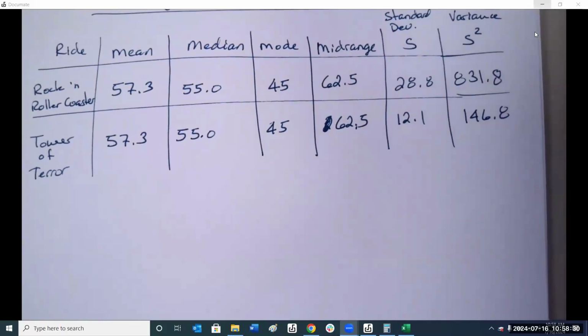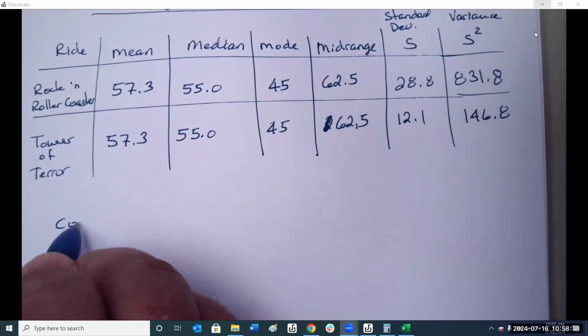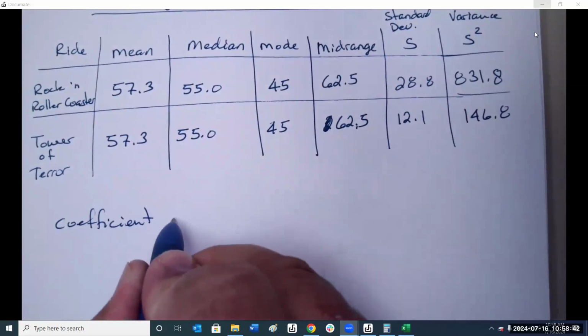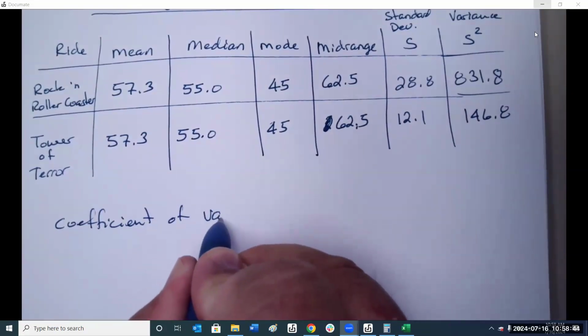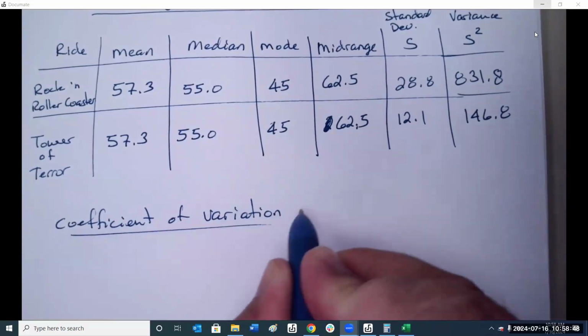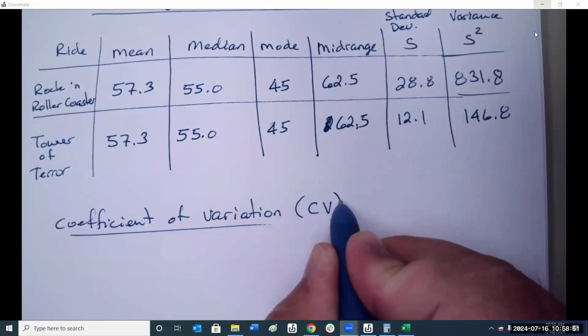Now, in order to compare these, we have to do something called the coefficient of variation. To determine which is better, we use the coefficient of variation, or the CV.